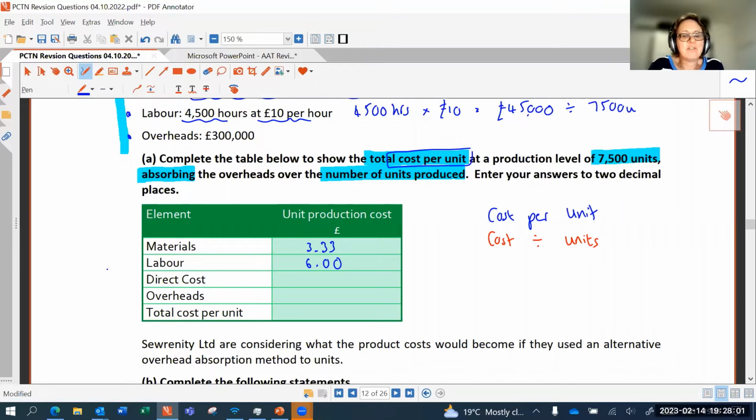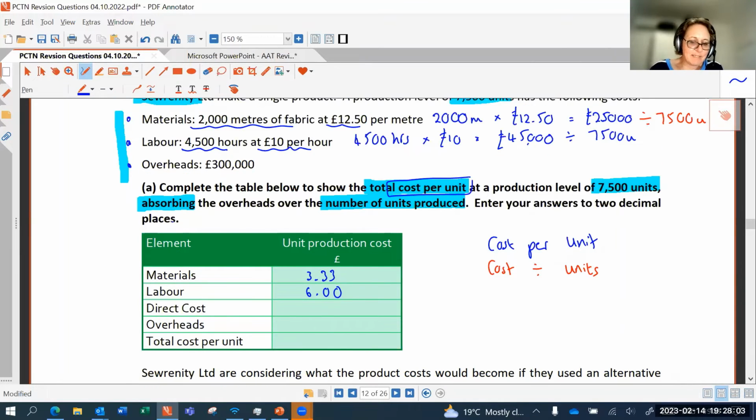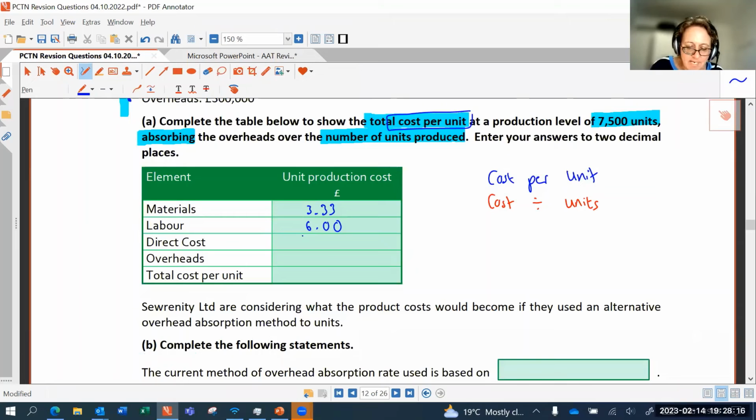If I get an order for twice as many teddy bears, I'm going to have to buy twice as much material. So these costs are going to change when I produce more units. These are costs that directly relate to the production of the teddy bear. So these subtotaled here are the direct cost.